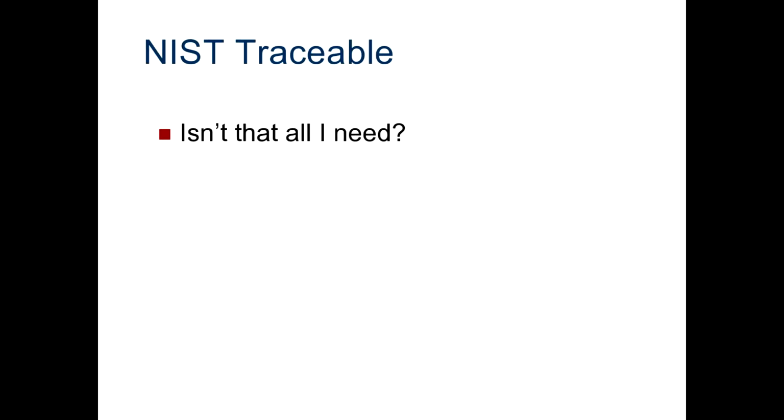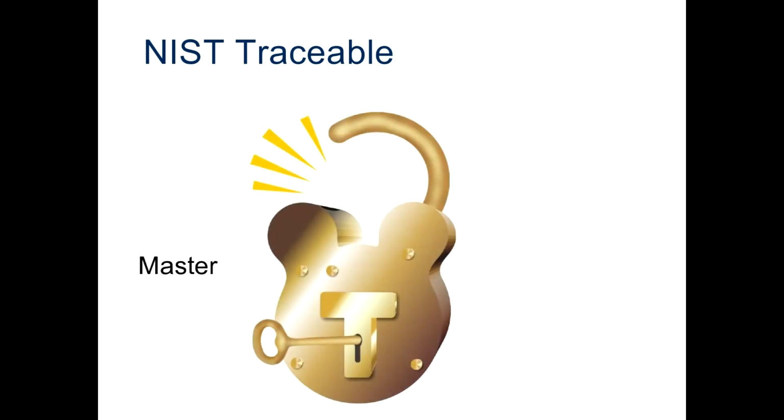A question I often hear is, NIST traceable, is that all I need? And the answer is no. Let's use an example. In this case, we have a lock and a master key. Well, that master key can open up that lock, no problem. Very reliable. Now, if we were to take a copy from that master, we'd probably find that the lock still opens.